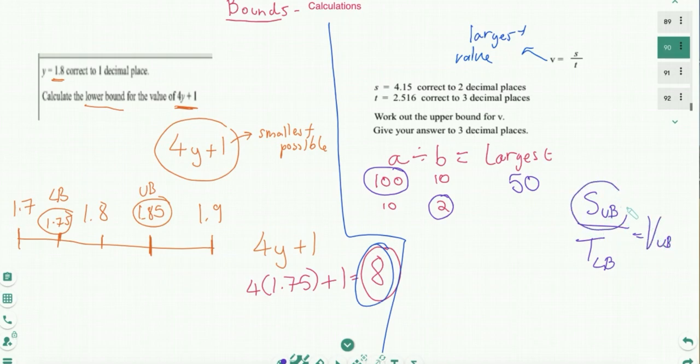So we have to find the upper bound for value S. Well, S is 4.15, correct to 2 decimal places, so 1, 2.